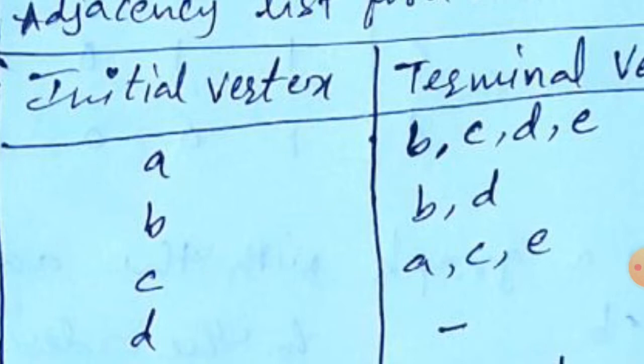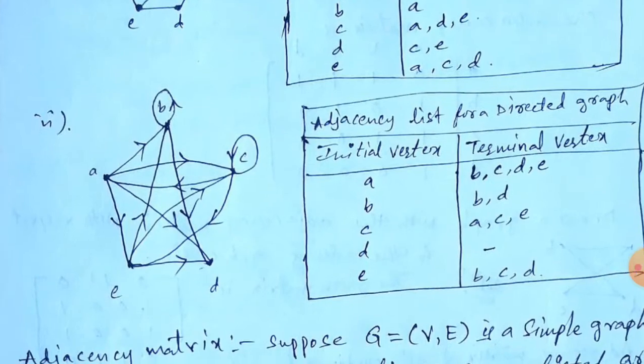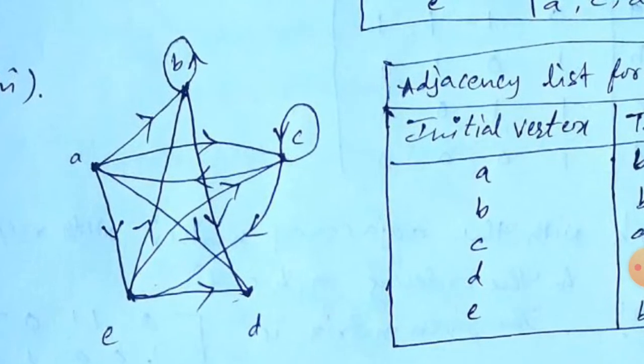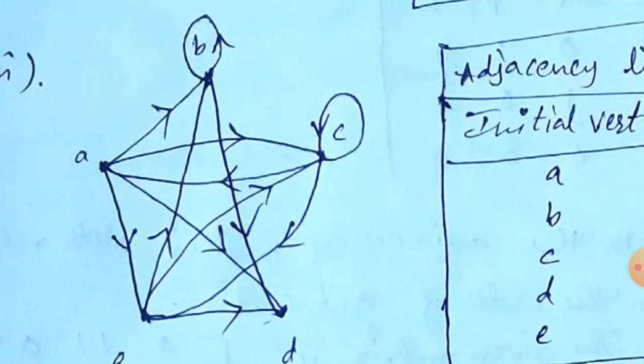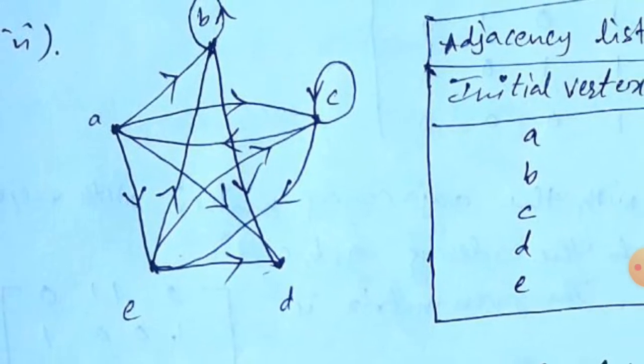Now from A to C there is an edge, A to D there is an edge, A to E there is an edge. Observe in the graph. So A to B there is an edge, A to C there is an edge, A to D there is an edge, and A to E there is an edge.